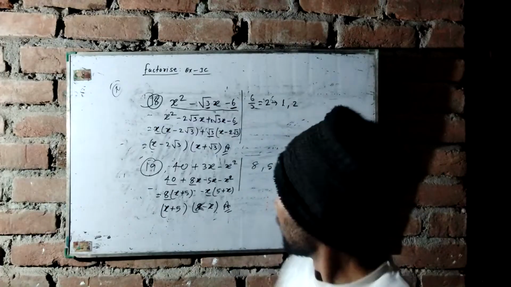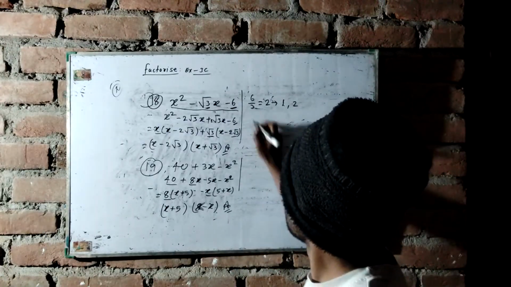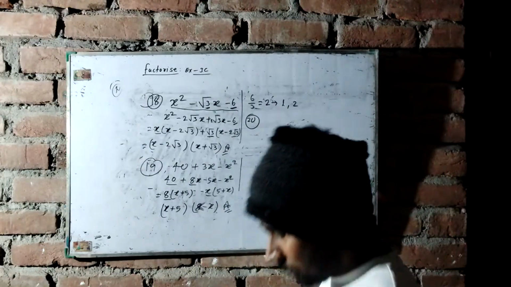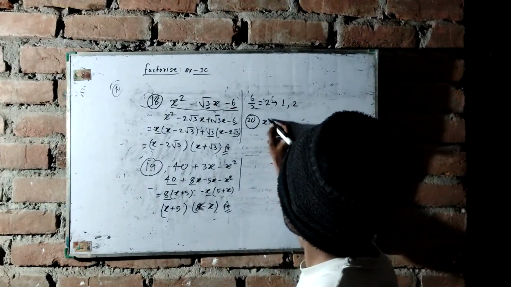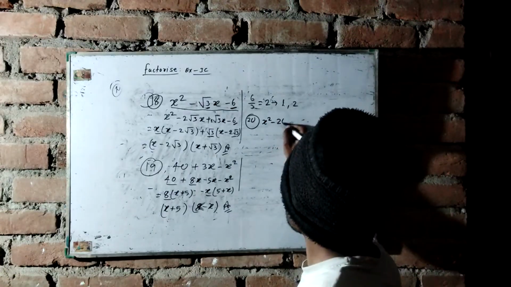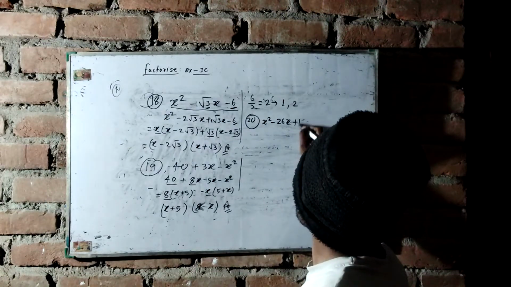So now let's go ahead to the next question, question number 20. x squared minus 26x plus 133.